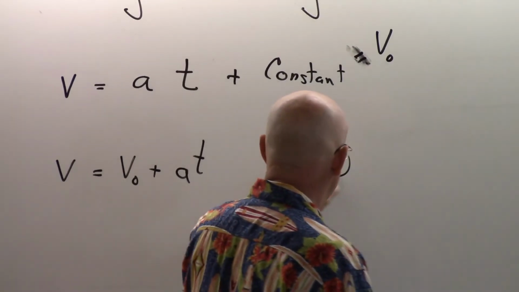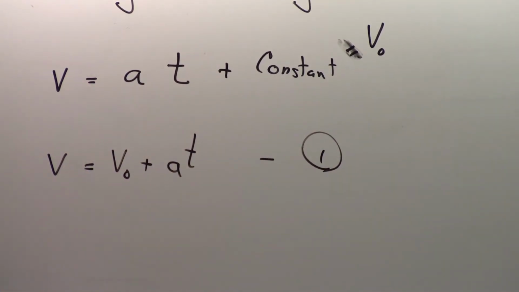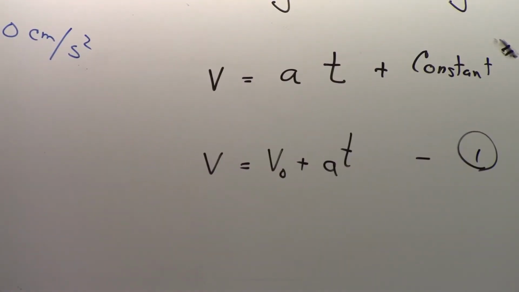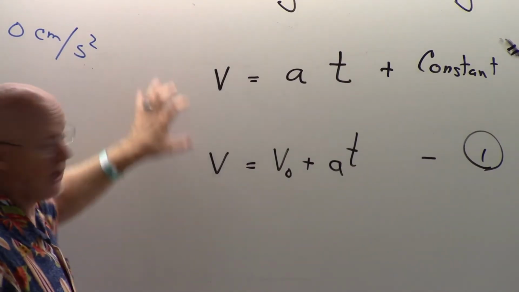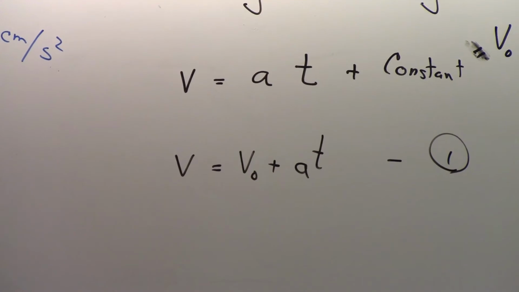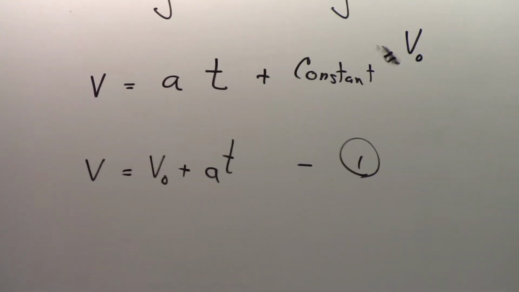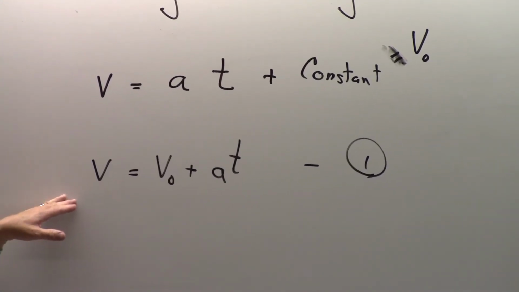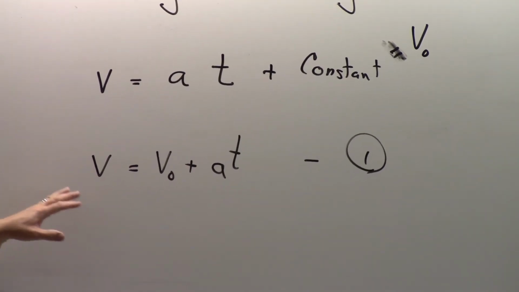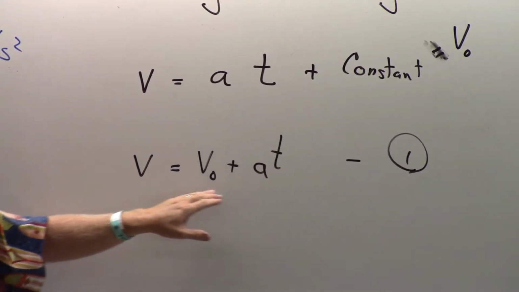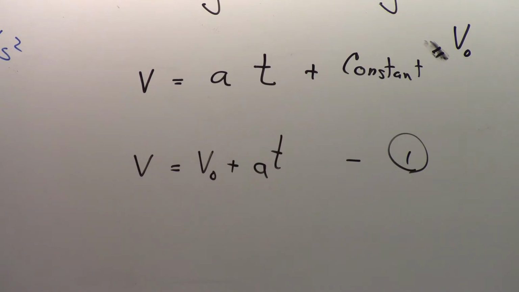Very useful. I would encourage you to memorize it. It's much better than having to go through these steps of calculus, but I don't think they're overwhelming. But likewise, I don't think it's overwhelming to memorize this one equation. So here's a nice equation that relates velocity, acceleration, and time, but it can only be used if what?